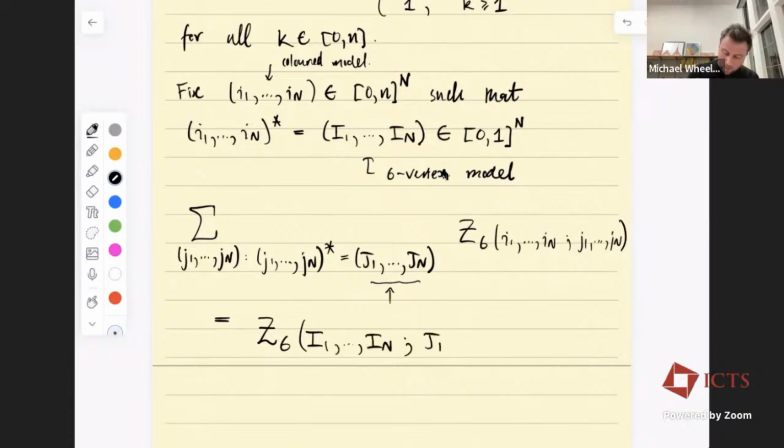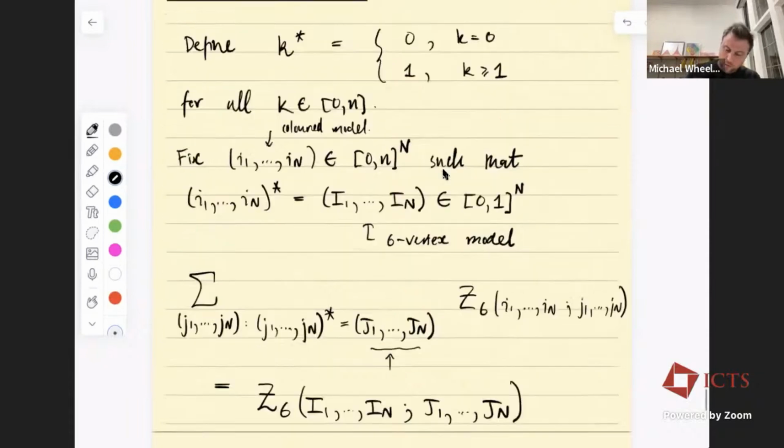So in particular, these i's and j's, they're just zeros and ones. So maybe I should also say in the statement of the thing, we're also fixing a vector j1 up to jn, which lives in {0, 1} to the n.